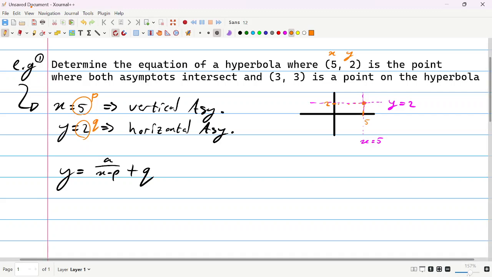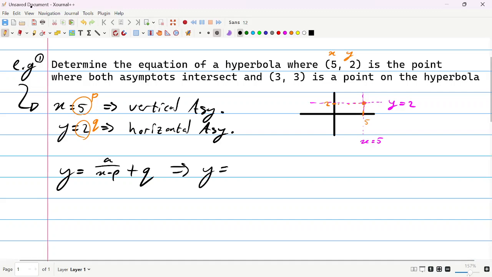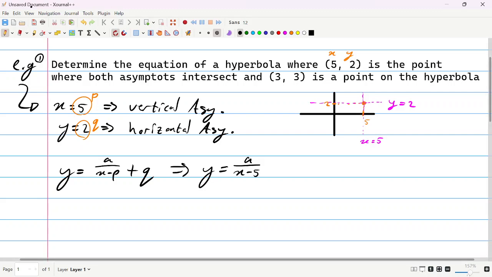Because the p value is our vertical asymptote, shifting in x, and q is our horizontal asymptote, shifting in y. So therefore, we have y is equal to a over x minus 5, because p is directly equal to 5, and this will be plus 2.